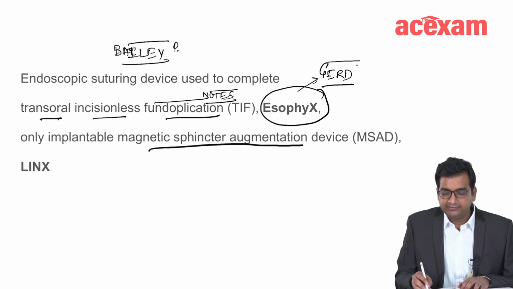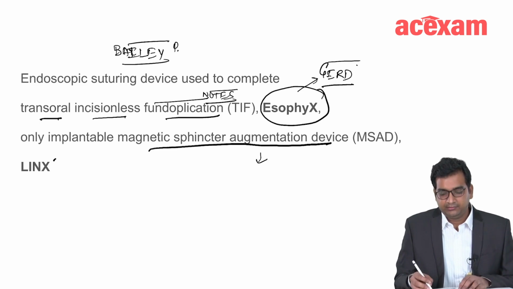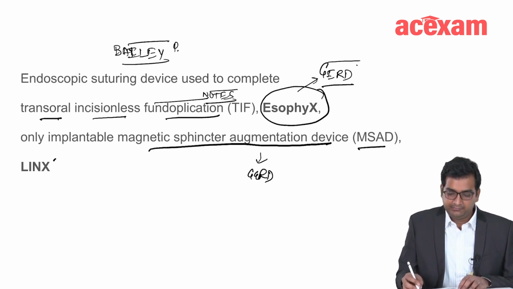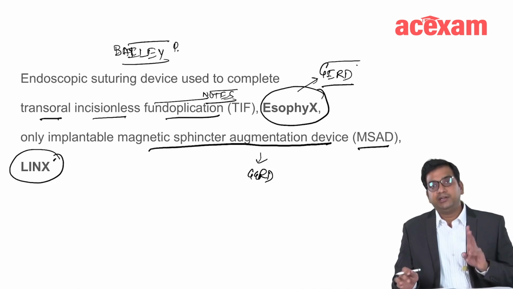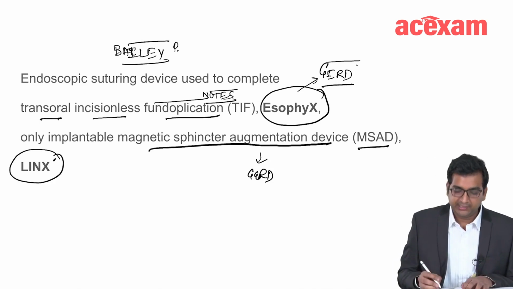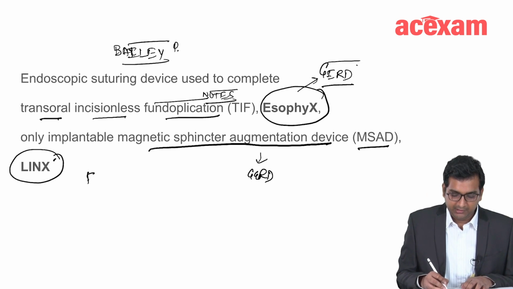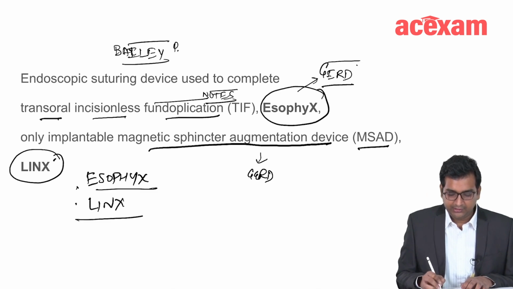Why are we augmenting the sphincter? Because there is incompetent LES. Okay, so this is used in GERD. What is the name? LINX. So there are two important questions. These two points are given in Bailey. You must remember that transoral incisionless fundoplication and LINX are the two things which are used in management of GERD.